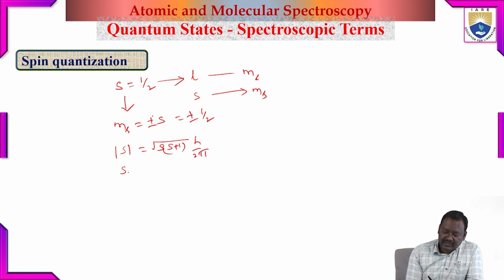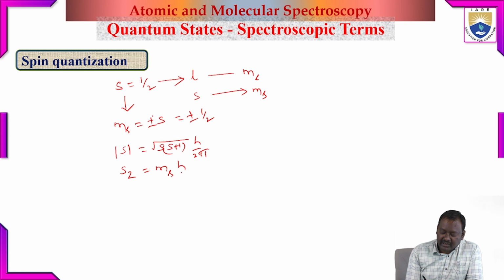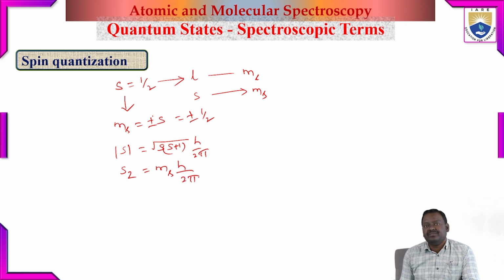The length of the S component in the magnetic field direction, that is Sz, is given by MS into h cross, or h by 2 pi. So the available MS values are two, there are two different MS values.